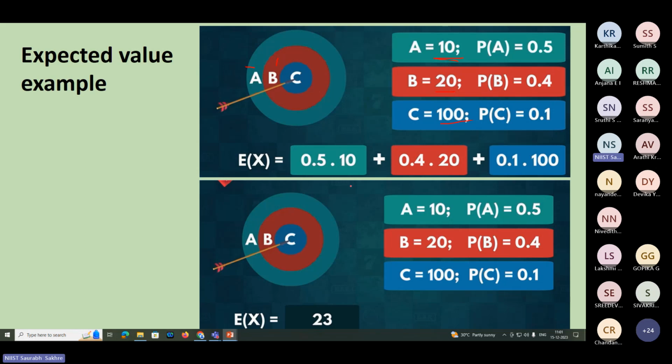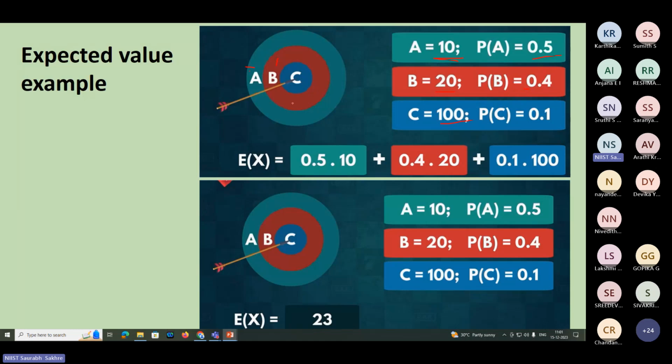So suppose the probability of A is 50%, 0.5. Out of one shot, there is a 50% probability that it will not hit B or C, but it will hit A. The probability of B is 40%, and the probability of C is only 10%, because that is the difficult target.